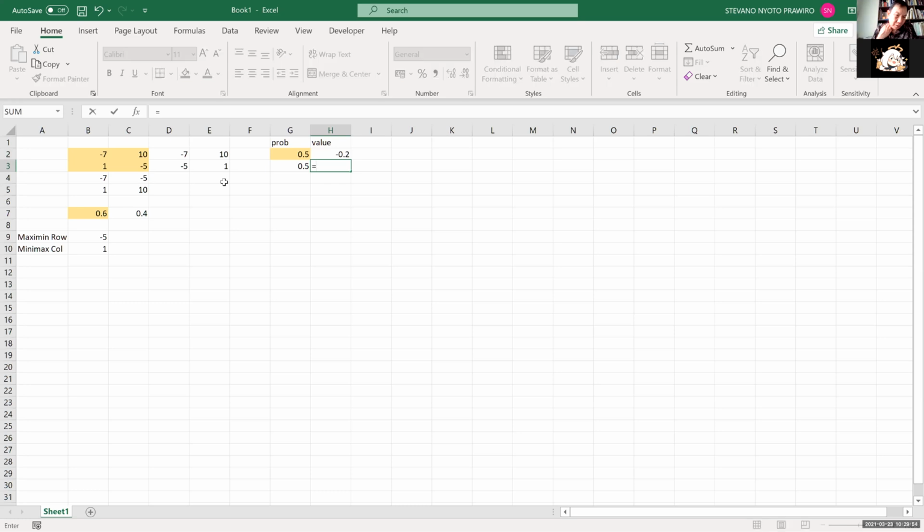Do you know how to calculate? This one is multiplied by that probability, correct? 0.6 plus -5, the payoff, correct? C3 multiplied by the probability in C7, correct? Now you also need to make the value in row 8.